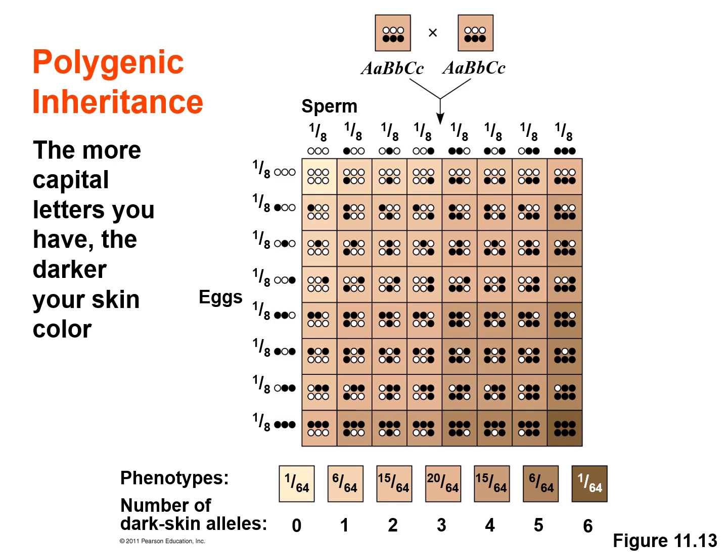Okay, and these parents are heterozygous for all 3 of these genes, so they would have a medium skin tone. And you can see that with their offspring, most of them are going to be medium tone as well, so similar in skin tone to the parents.